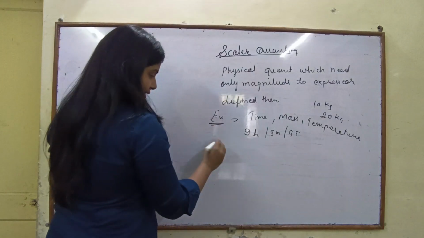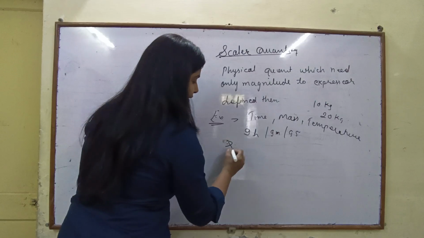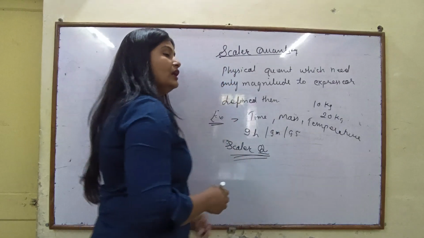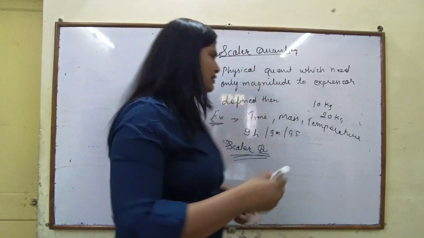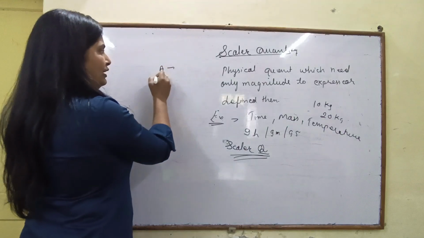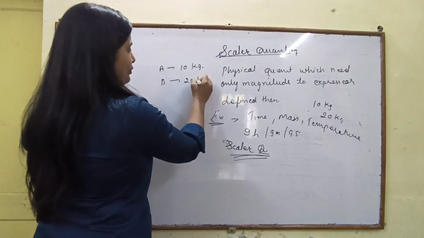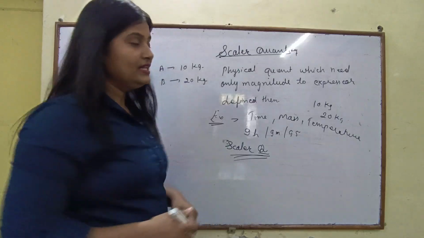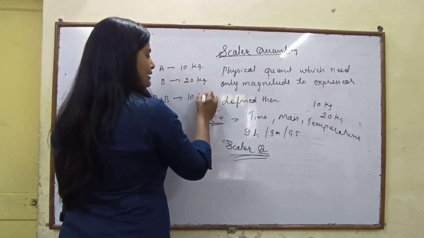Scalar quantities follow algebraic rules, like algebraic sum. Suppose the mass of body A is 10 kilogram and the mass of body B is 20 kilogram, and we need the total mass of these both bodies, then we can directly total 10 and 20.